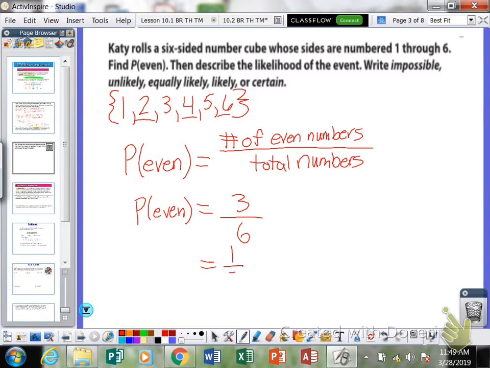So that gives me a half, or I can reduce it to 50%. So because the probability of the event is 50%, it is equally likely to happen. Okay, equally likely.